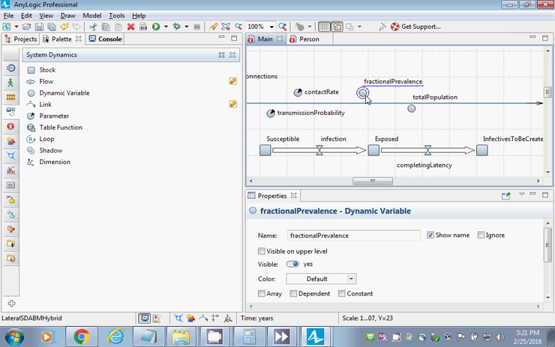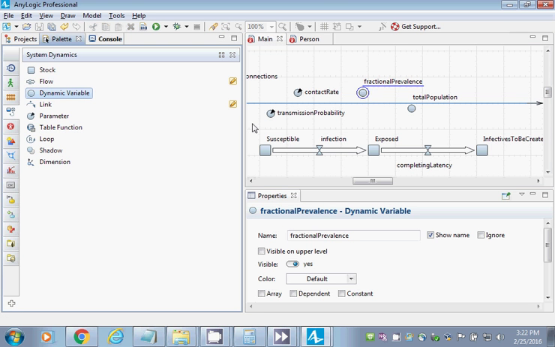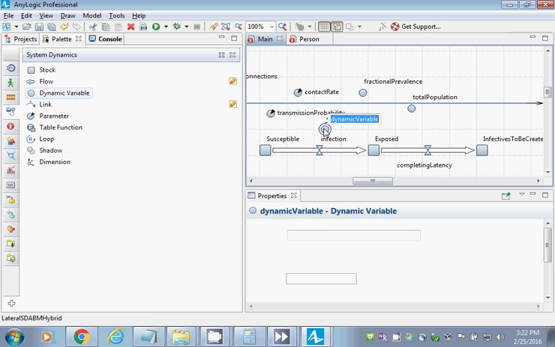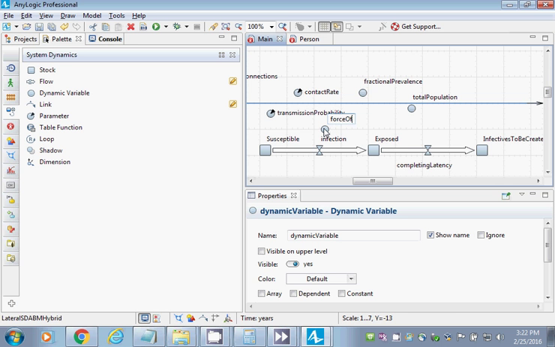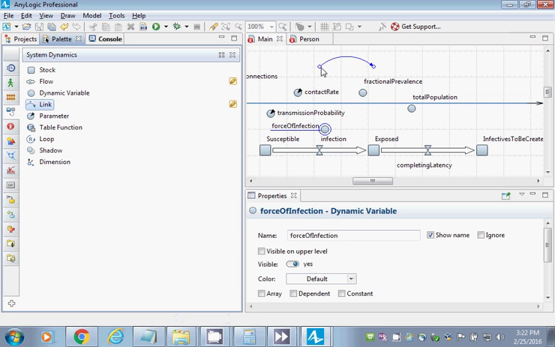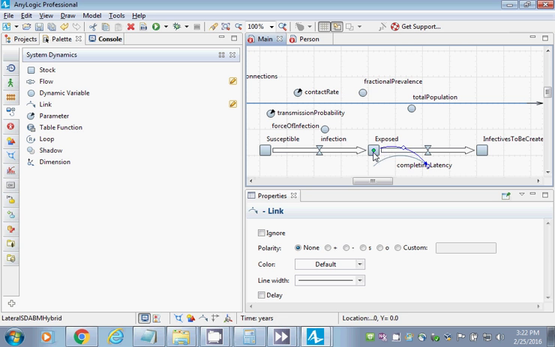So we're going to have total population, we're going to have susceptible, exposed, infectives to be created as agents, and we're going to actually have one more term before the day is out.